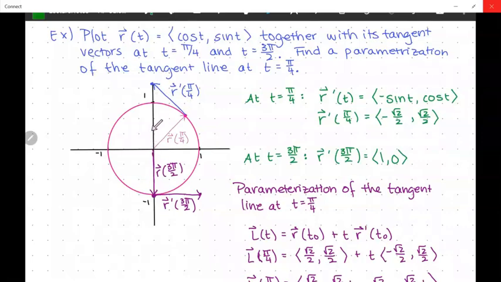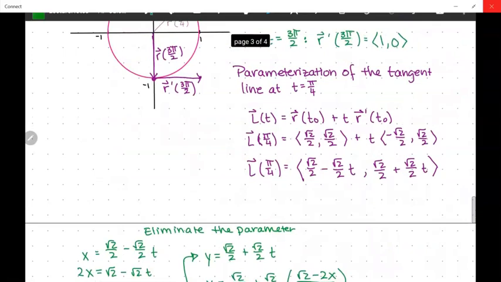Wow. If this is 1, not bad. It should have hit exactly at root 2. My graph's not horrible. It does have a slope of negative 1 though. So it's a parametrization of the line that would go through that vector. That's all it means. All you have to know is how to find it.